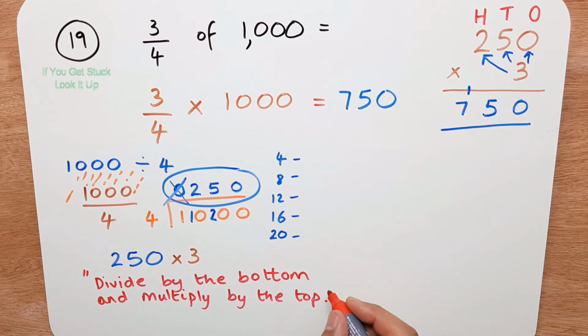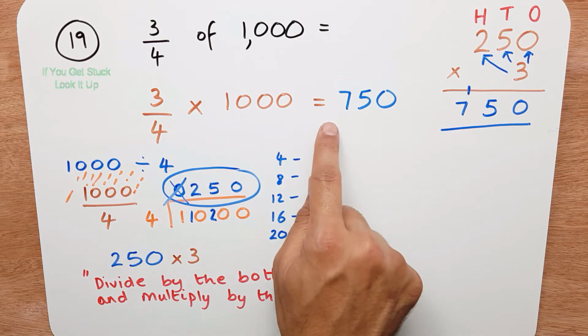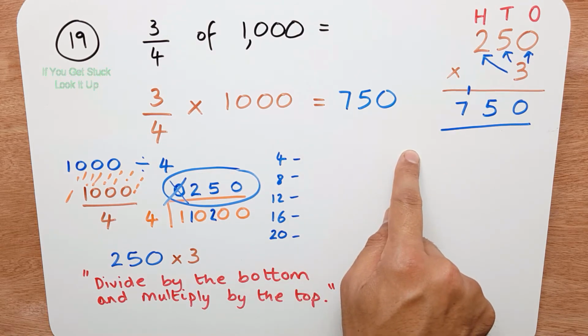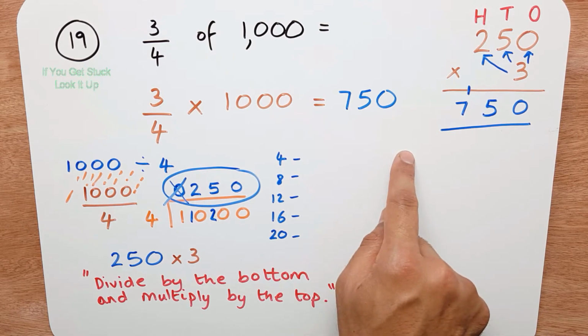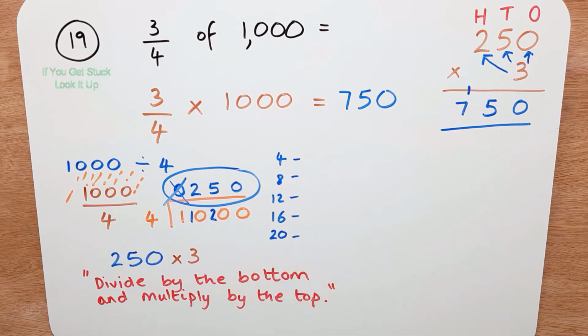You'll hear some children say that: divide by the bottom, multiply by the top. Now I'm going to show you another method which I've got used to, and it's just as good. Whichever method you want to use is up to you. Let me just rub this out.